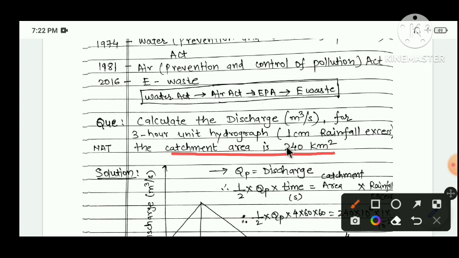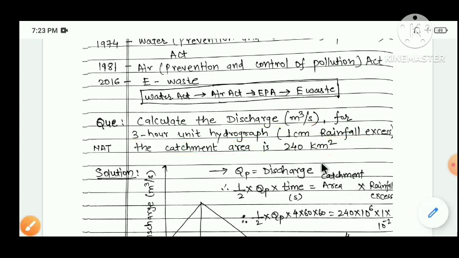But I am very sure that it was the 3-hour unit hydrograph, with 1 centimeter rainfall excess, and you have to calculate the discharge in meter cube per second. This was confirmed, but I have a doubt about the 240 kilometer square area. If it is correct, then the answer will also be correct.